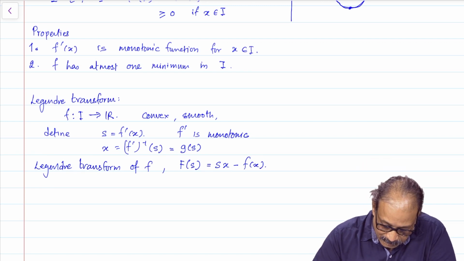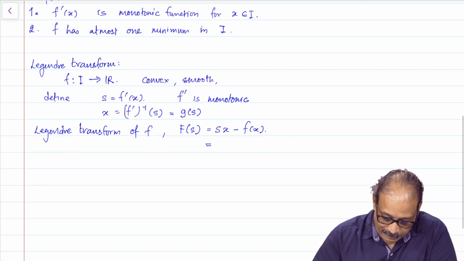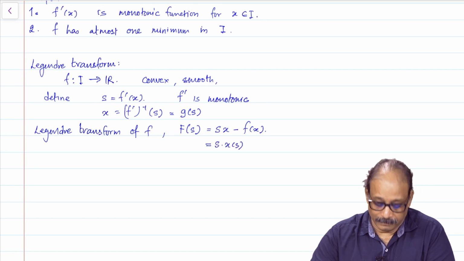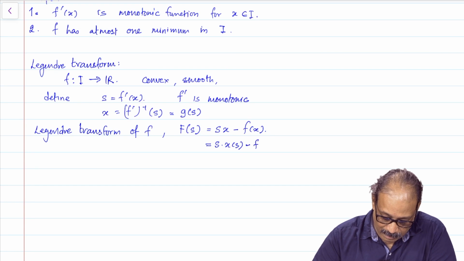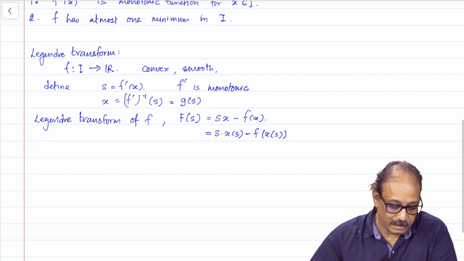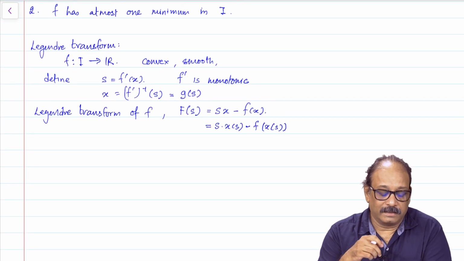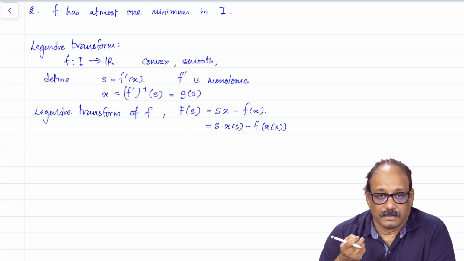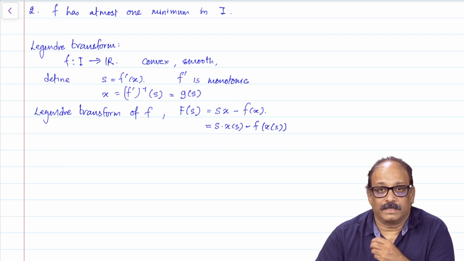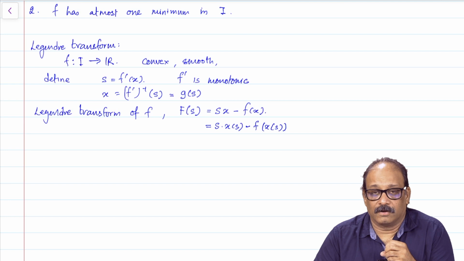So, in this expression, if I want to write this very accurately, then I should write it as s into x, which is expressed in terms of s, minus f x again expressed in terms of s. And this is called as Legendre transform of f, and what is the domain of this function?